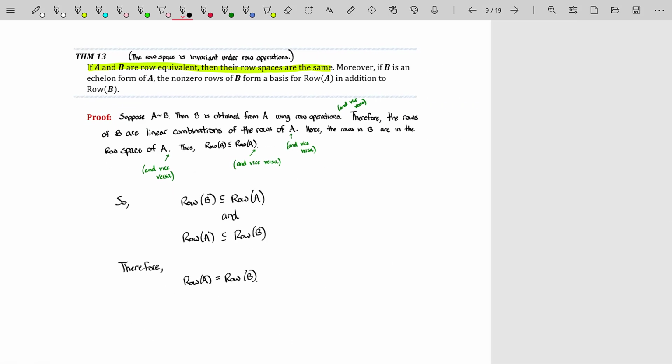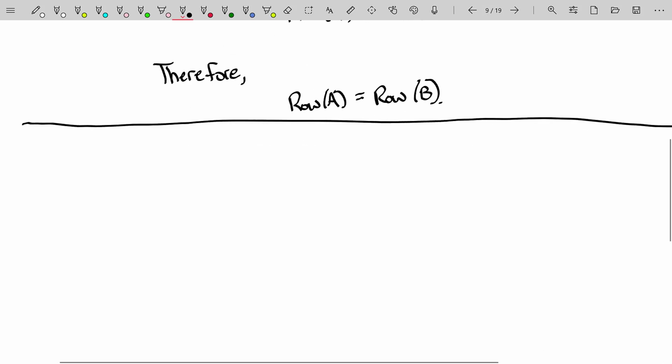Now for the second part, if B is an echelon form of A, the non-zero rows of B form a basis for the row space of A, as well as a basis for the row space of B. I'm going to break this up a little bit, and I'm not going to use the matrix lettering B here because I want to introduce a new notation, or at least it could be new.